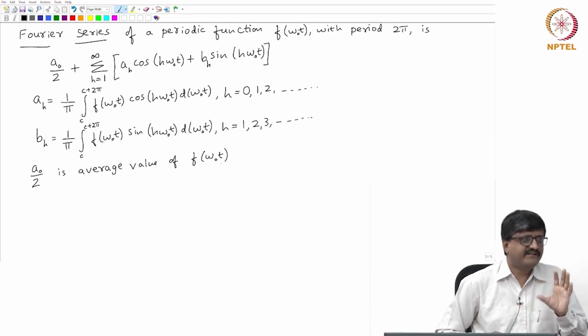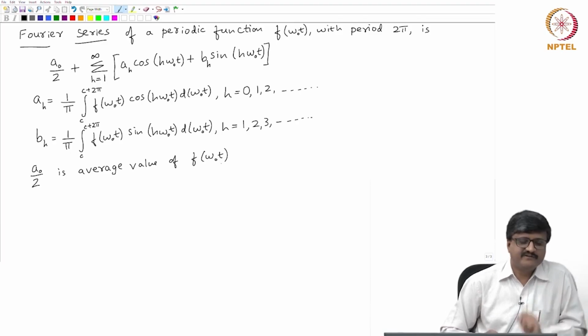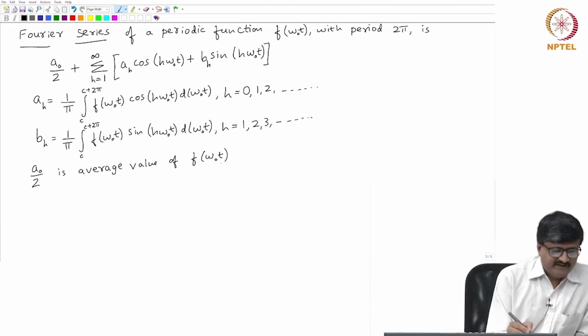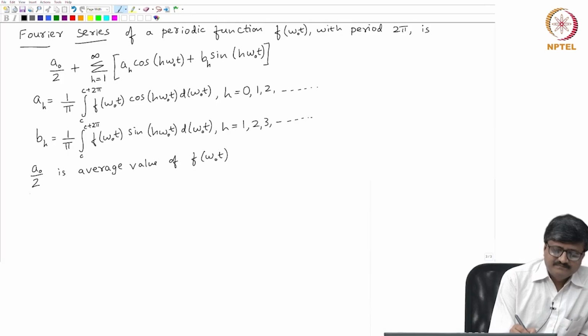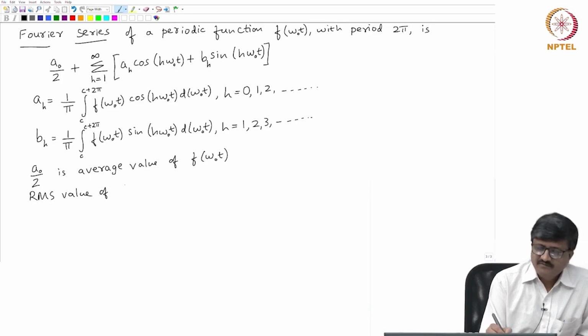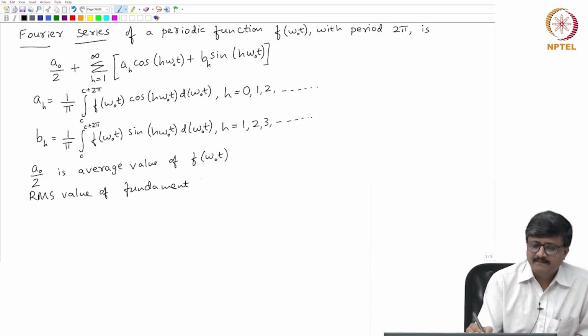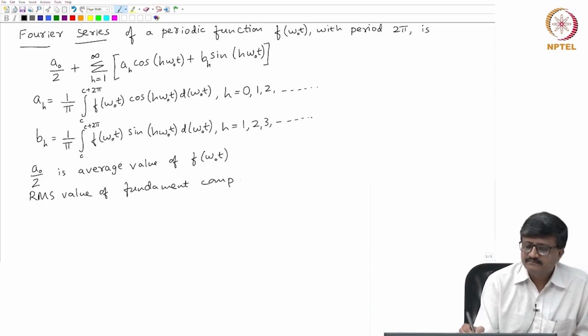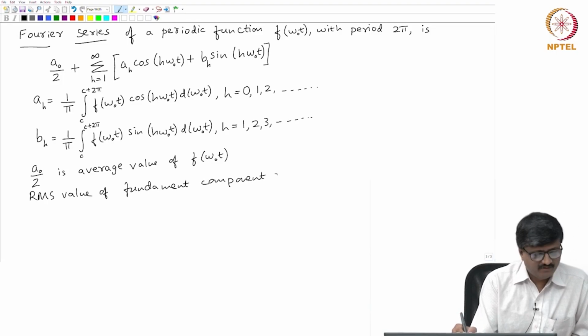Please note that on the DC side, we only want the average value, all others are unwanted. On the AC side, we only want the fundamental, all others are unwanted. Okay. So, if I take the RMS value, that is the root mean square value of the fundamental component of f of omega ot.